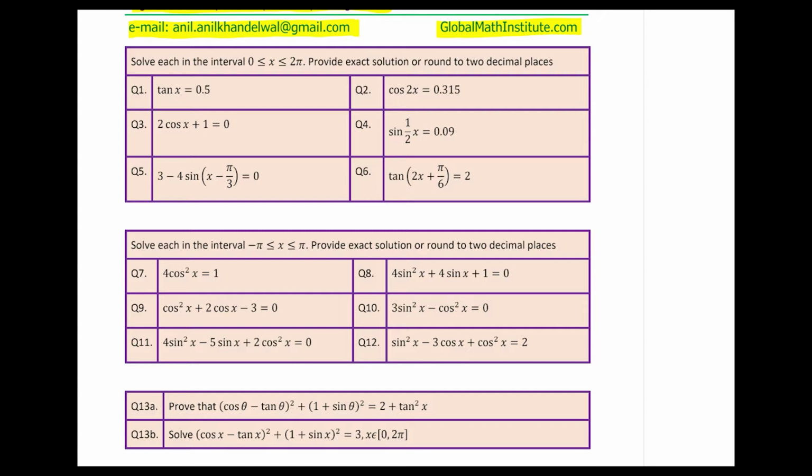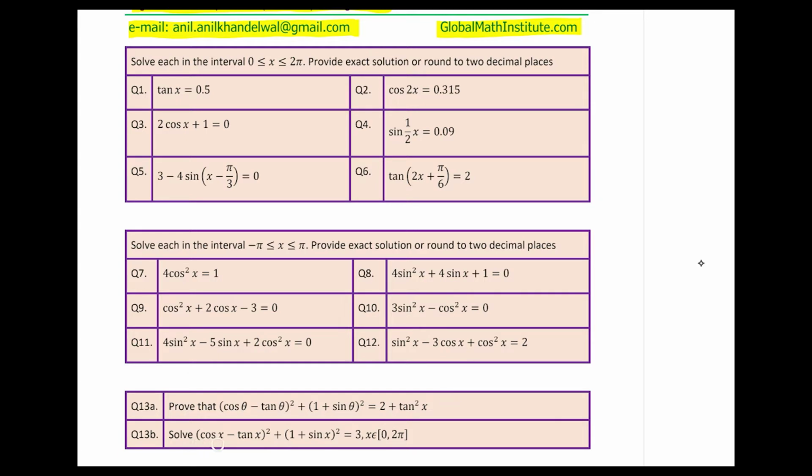We have taken first part of the question: prove that (cos theta minus tan theta) whole square plus (1 plus sin theta) whole square is equal to 2 plus tan square x. So that's an identity. First you have to prove this identity and then use this identity or otherwise you may solve the given equation.